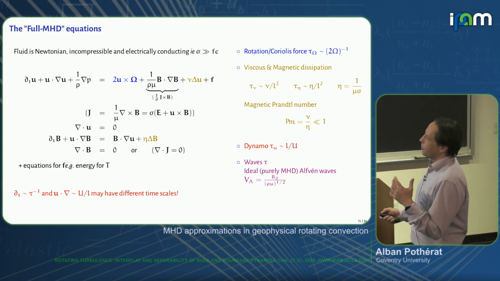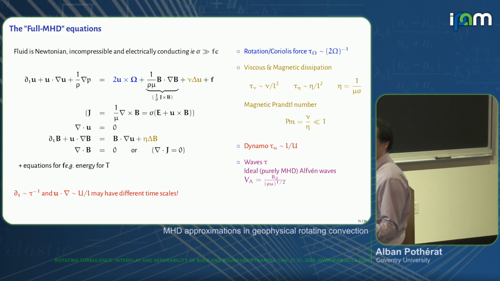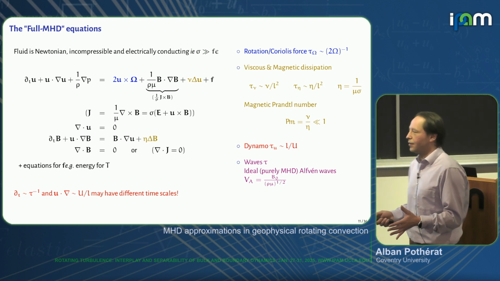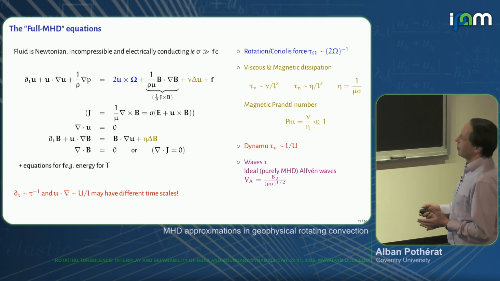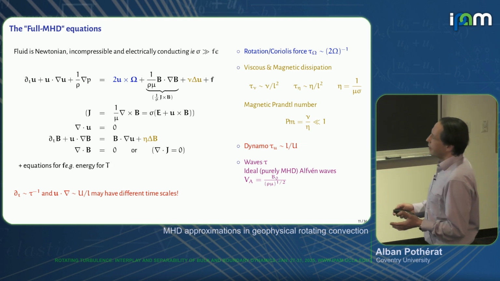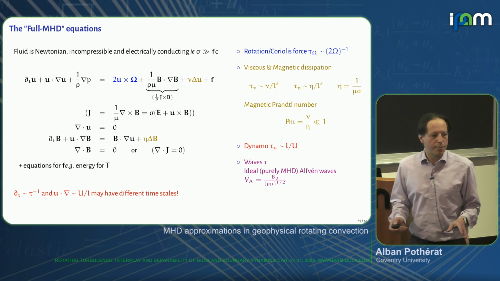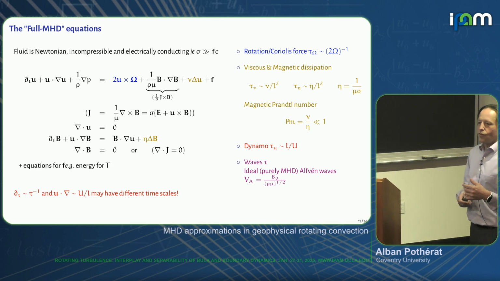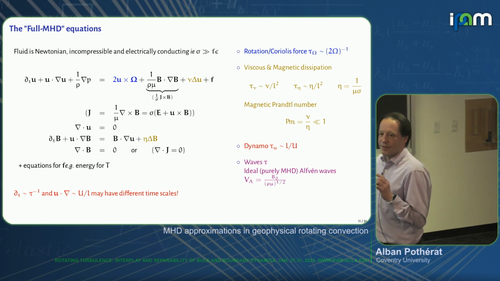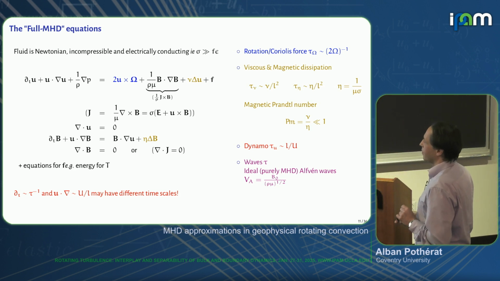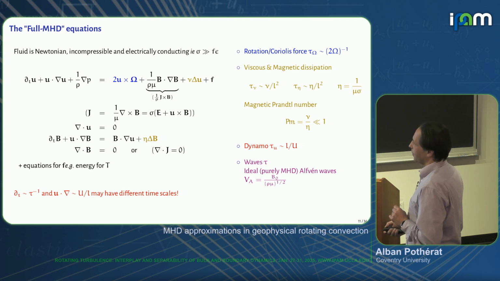That gives essentially two philosophies: you can express things in terms of the current or in terms of the magnetic field. The advantage of using the magnetic field is that you have a nice closed system with two variables, U and B. If you express the current, then you need to introduce the electric potential and solve for it, but there's a price for that, and I will show you that later. There's an interest in doing that.